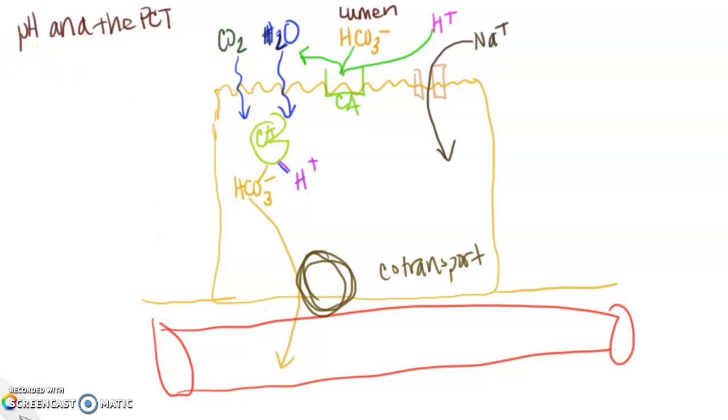And see these hydrogens that are being made here? These hydrogens that are being made are going to come back out. And when they come back out, they can be combined with more bicarbonate to make CO2 and H2O, which will go into the cell and then be separated again into bicarbonate and hydrogen, and that goes out into the blood.